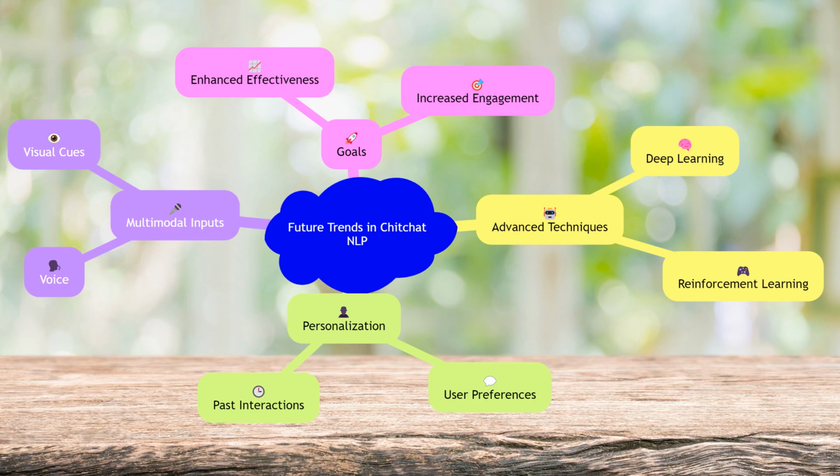Additionally, there is a growing focus on personalization, where the chit-chat responses are tailored to individual users based on their preferences and past interactions. Another trend is the integration of multimodal inputs, such as voice and visual cues, to create more immersive and interactive conversational experiences. By staying abreast of these trends, we can continue to enhance the effectiveness and engagement of chit-chat interactions.